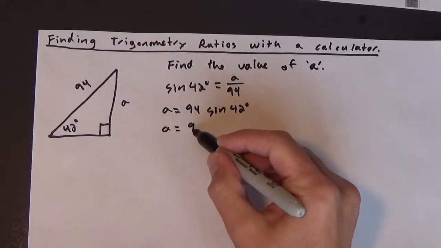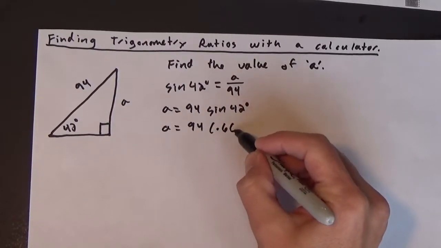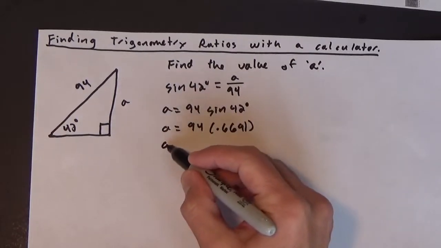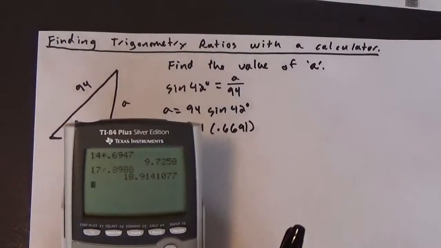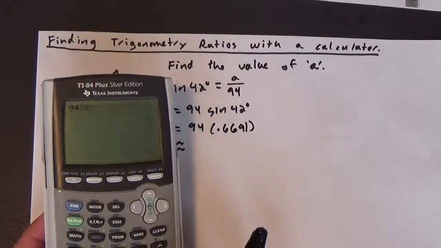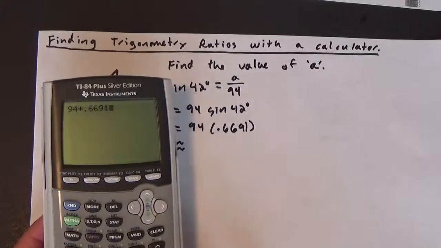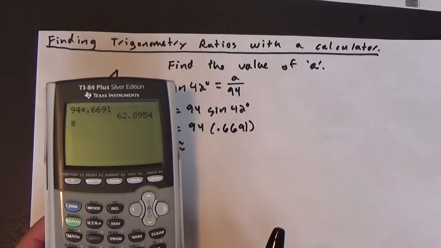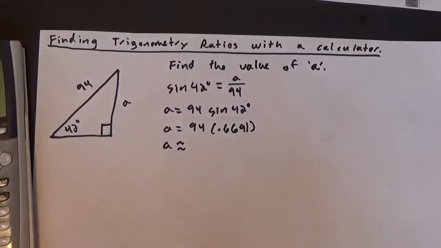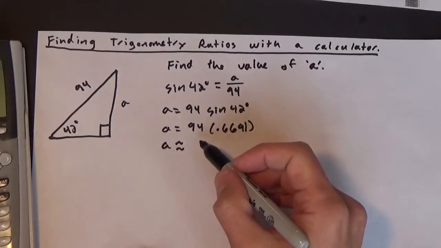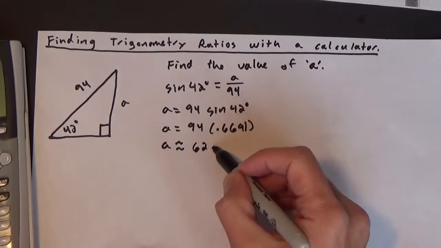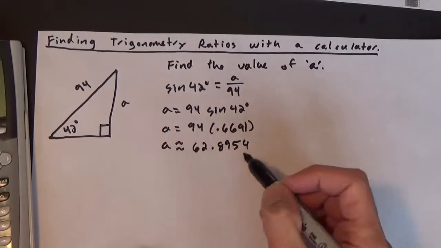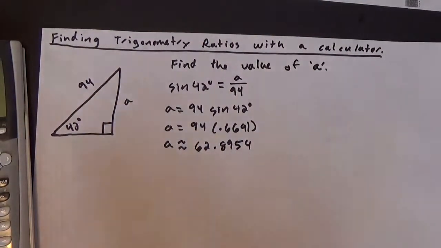So A equals 94 times 0.6691, and we put it in our calculator and got approximately 62.8954. Great. And that was no problem whatsoever.